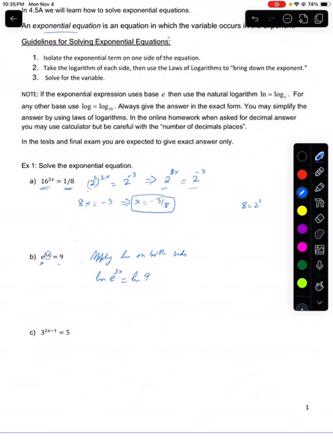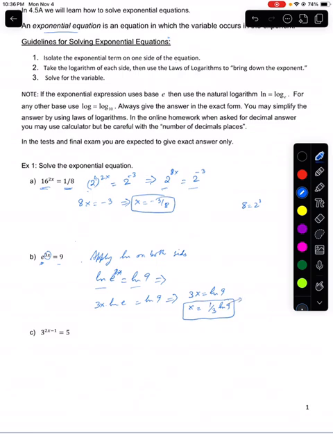So you have to think of what to do next, because remember our goal is to get x, so unless we bring it down from the power, we cannot do anything. Applying the log helps us do that, because now we can use the power rule of logarithms. So I can write 3x times ln of e equals ln of 9, but ln of e is 1, by the property of logarithms, so I get 3x equals ln of 9, so x is 1 over 3 ln of 9.